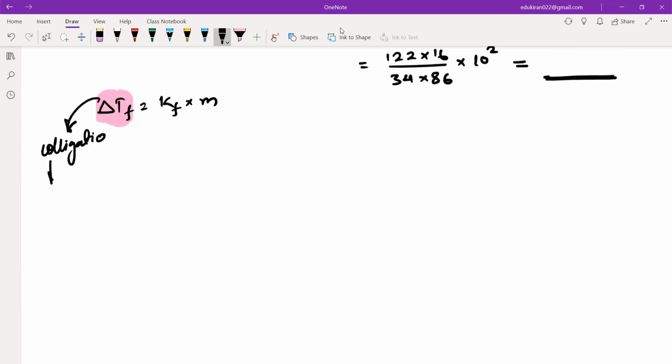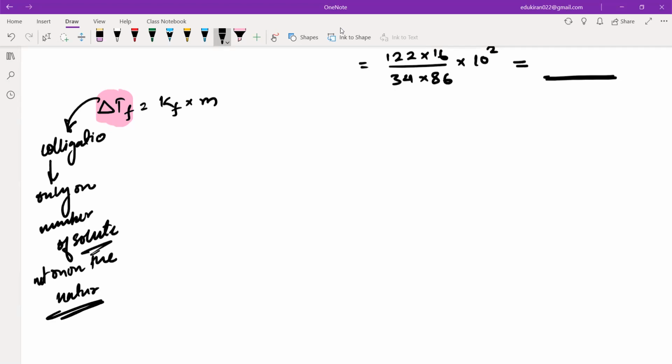That means it only depends on the number of solute particles, not on the nature of solute, not on what the solute is. Now if we say that Kf will depend on the nature of solute, that means what the solute is, are you saying that Kf will also depend on the nature of solute?